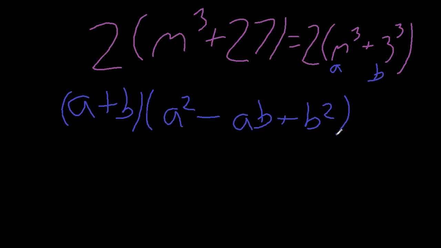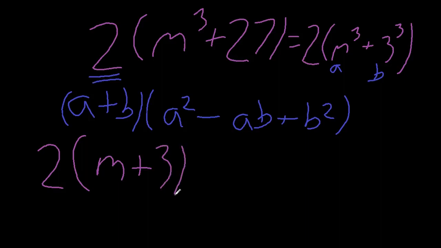Now the only difference here is that besides this formula, we already also have this number 2 in front. So go ahead and bring that down and then continue with the rest of the formula. My a is m, my b is 3, and so on.